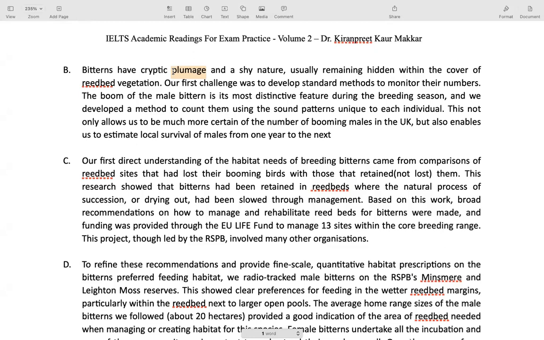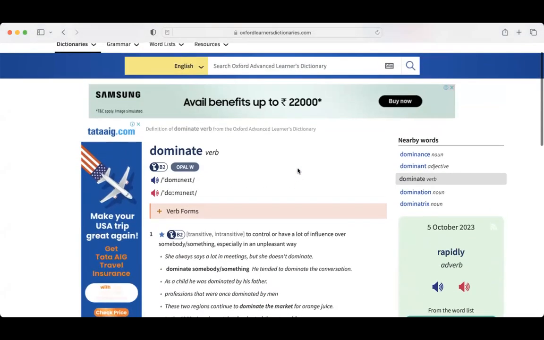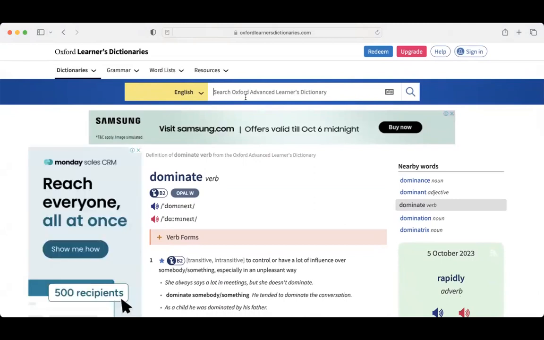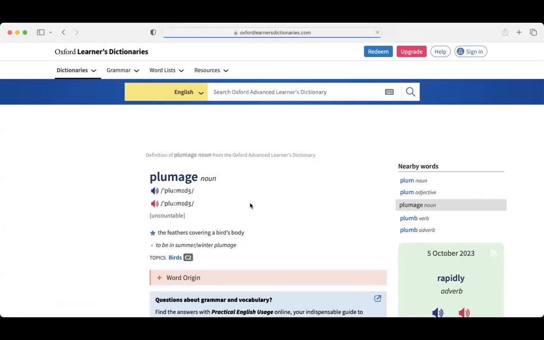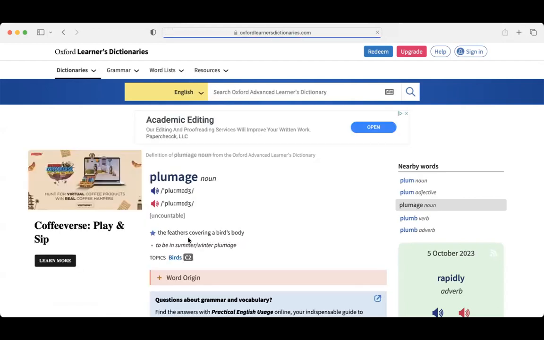Feathers. I gave you such a good hint. Okay, plumage. I think that is the meaning. Let's find out. The feather covering a bird's body.